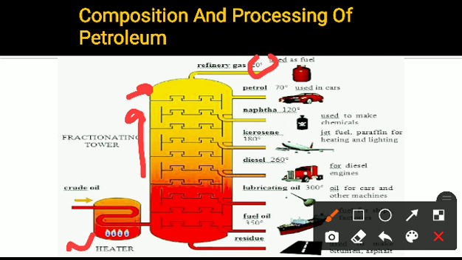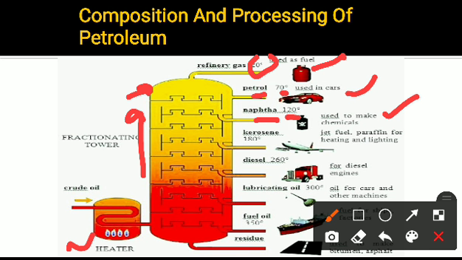This is used for fuel or domestic purposes. Next, at 70 degrees Celsius, there is removal of petrol, and this petrol is used in cars. After that, at 120 degrees Celsius, there is removal of naphtha. This naphtha is used to make different types of chemicals.